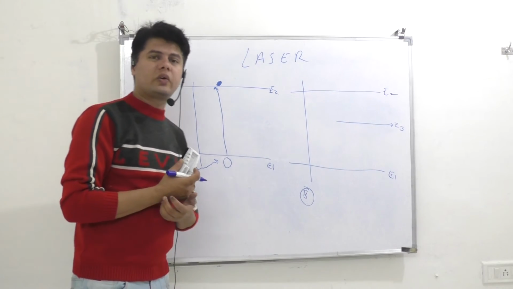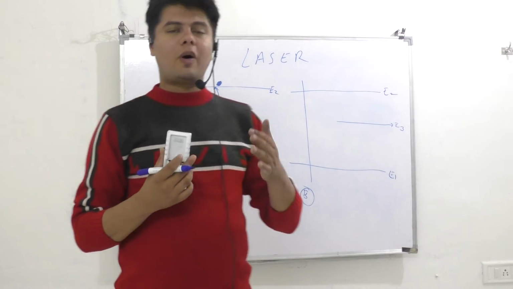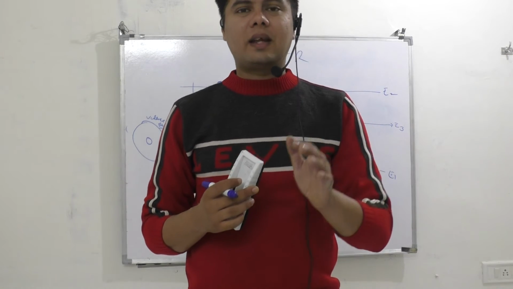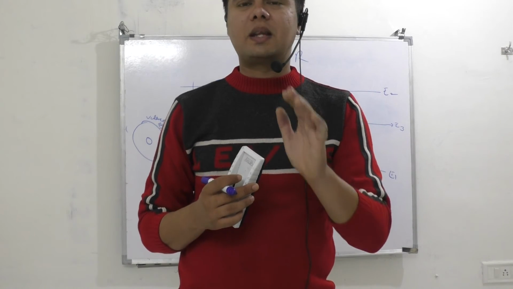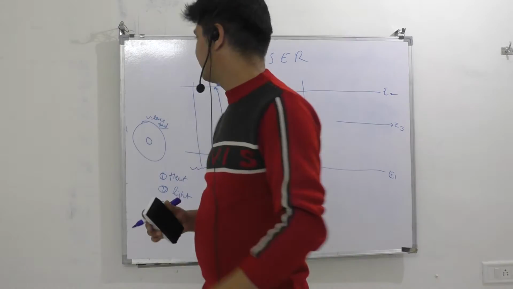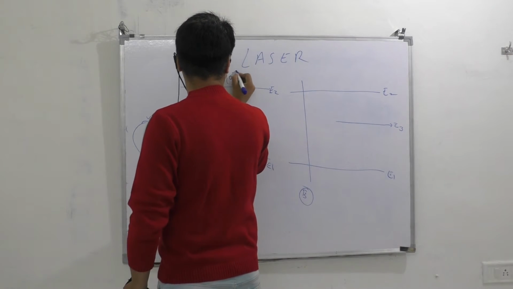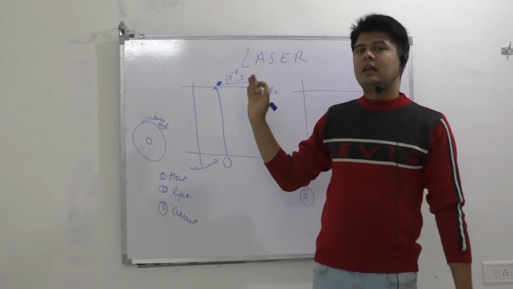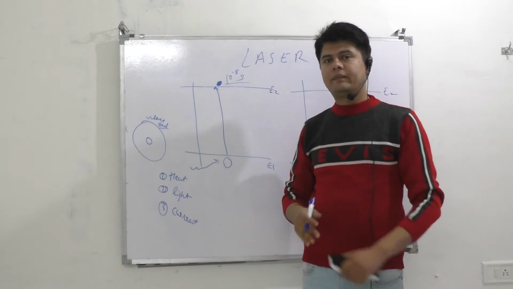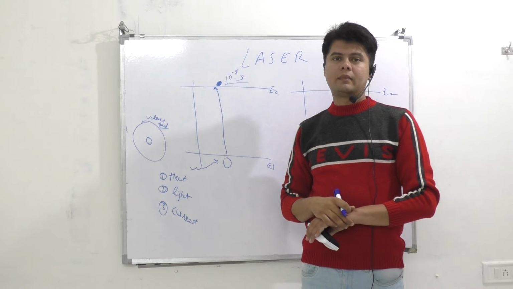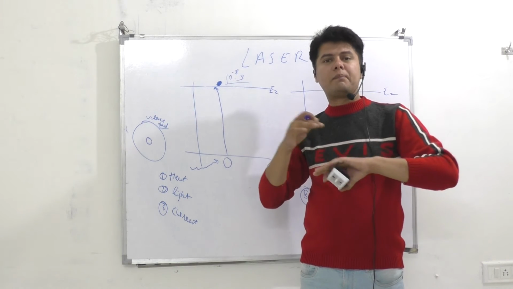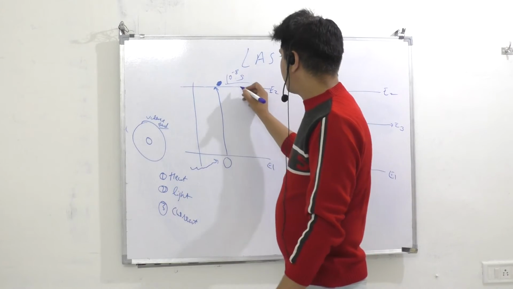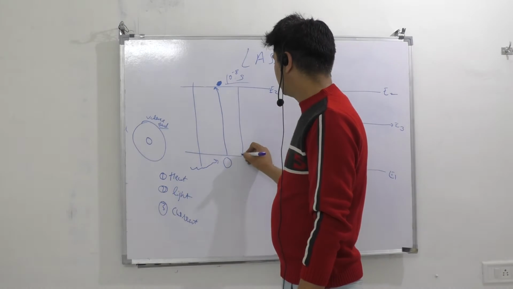This is the nature of an electron: whenever it moves from the valence band to the conduction band, it will stay there only for a time period of 10 to the power minus 8 second, and whenever this time period completes, it wants to fall down and recombine with the hole.